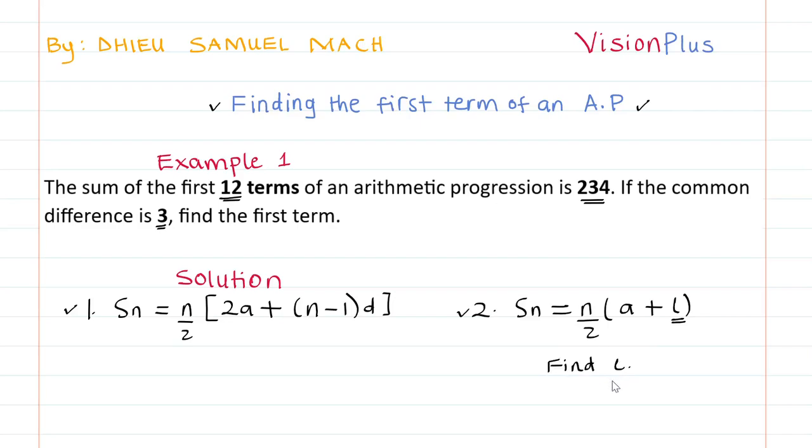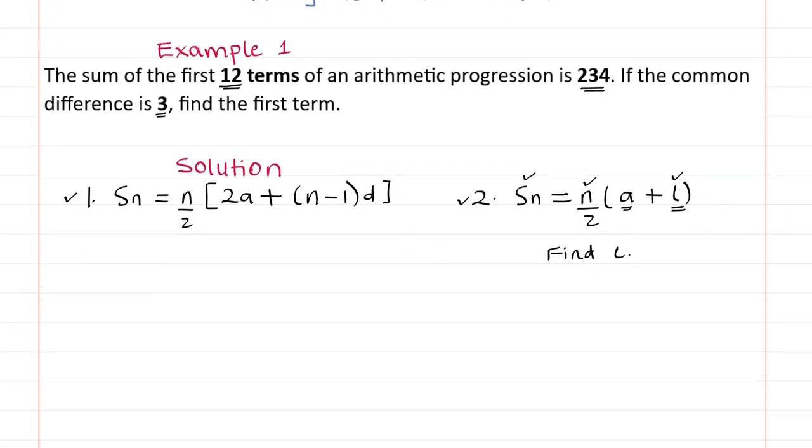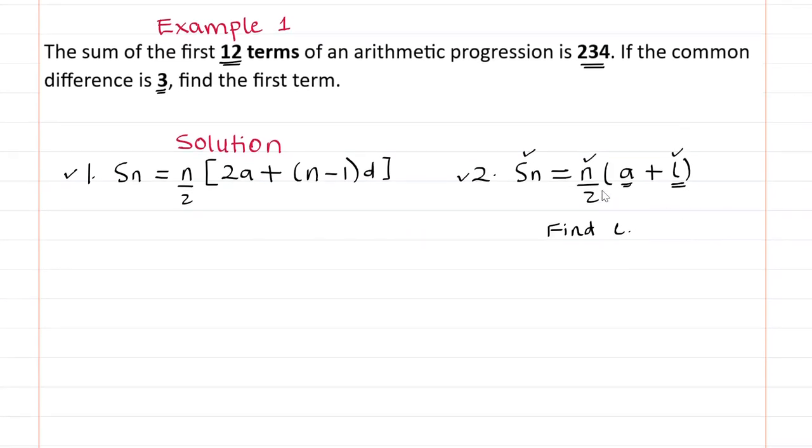After getting the last term, you can substitute the given sum, the given number of terms, and the last term that you have found, and then you find a. But the first formula is straightforward, and that is what I am going to use entirely. Your task is to do the same numbers using the second formula by first getting the last term.